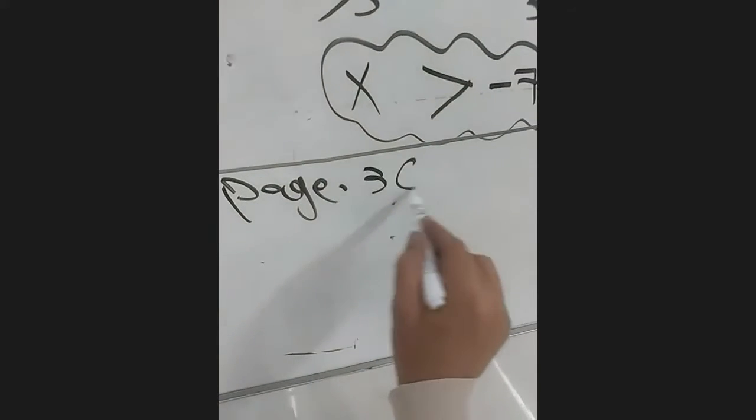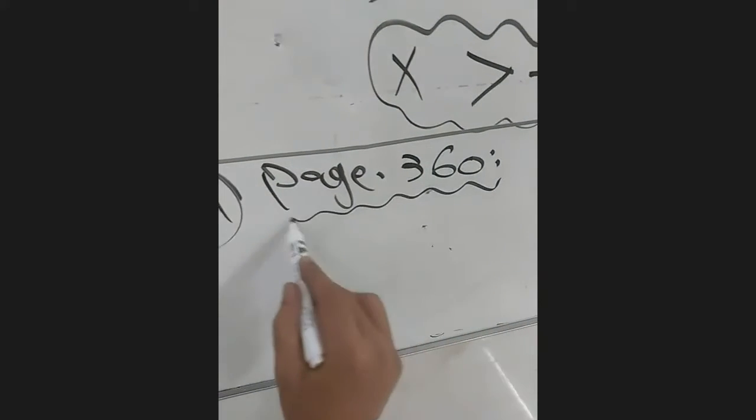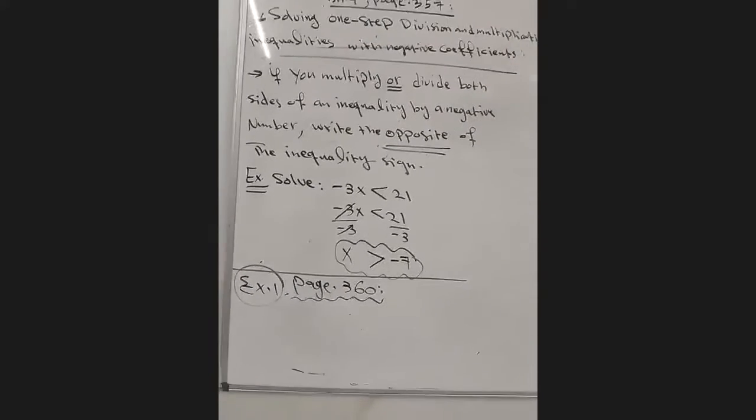Who can help me with example 1 on page 360, guys? Where is Khalid? Khalid Al-Dusuqi. Khalid, are you here? Yes.